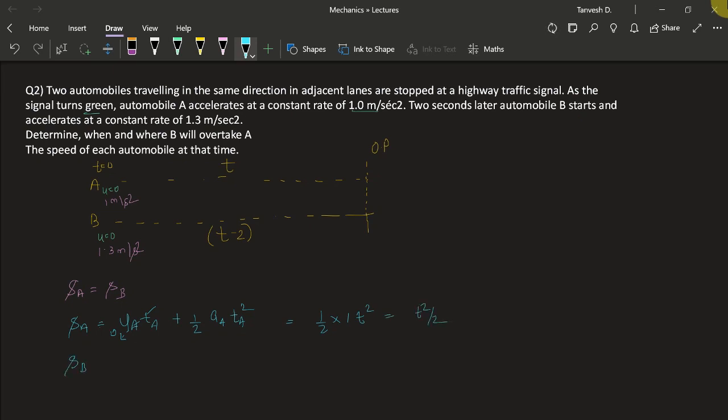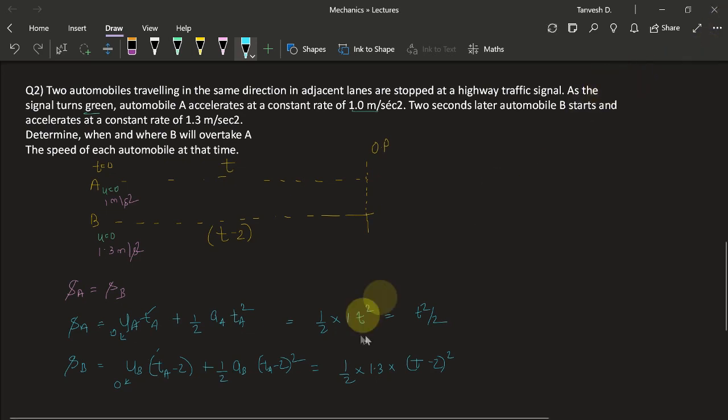And SB is UB into t, now this t is nothing but the time with respect to A, so here we can write TA minus 2, plus half of acceleration of B into TA minus 2 the whole square. This first term will get cancelled because it is 0. So it is half into 1.3 into t minus 2 the whole square, right? And we know that SA is equal to SB, so we can equate them now.